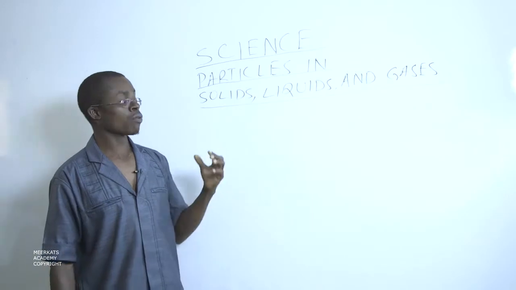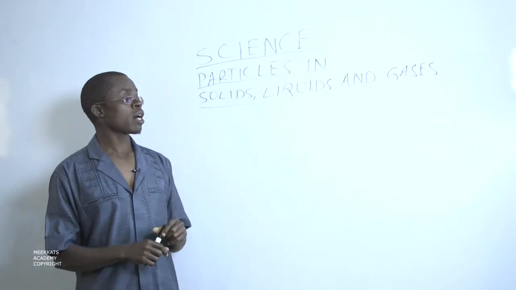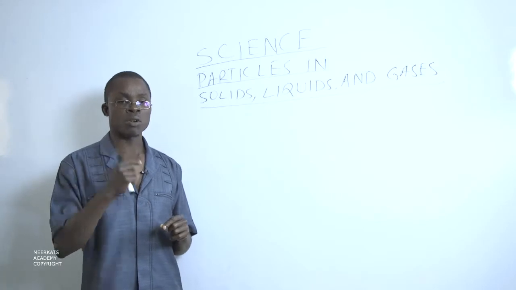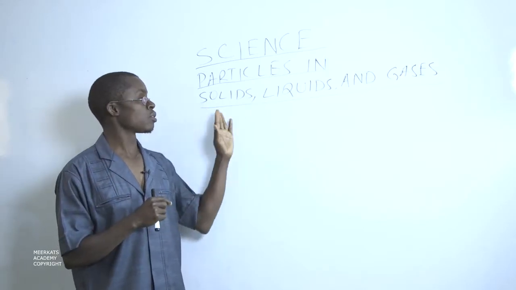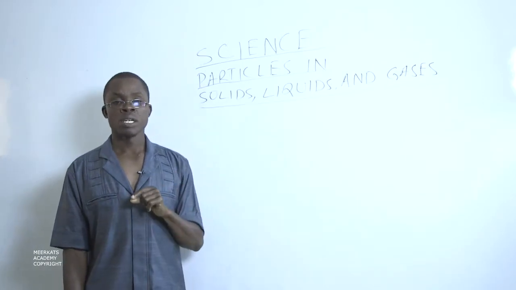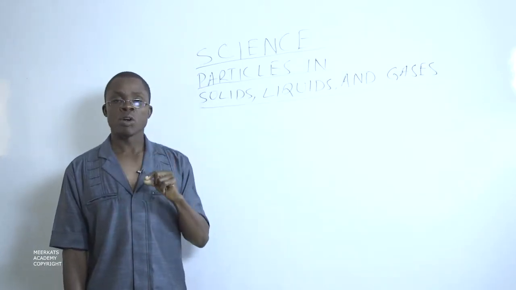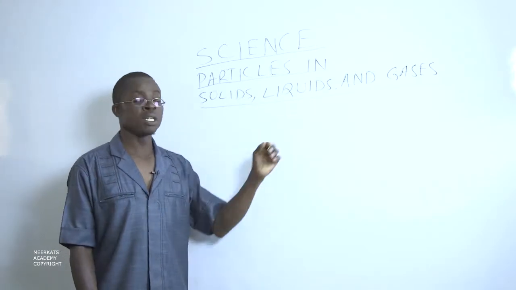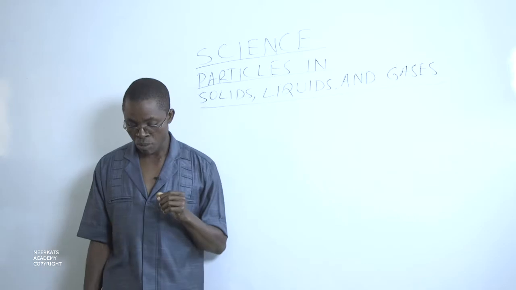Why kinetic theory of matter? It is to look at the energy in the particles contained in either the solids, liquids, or gases. Or why particulate? It is because you are looking at the small particles in the three states of matter.